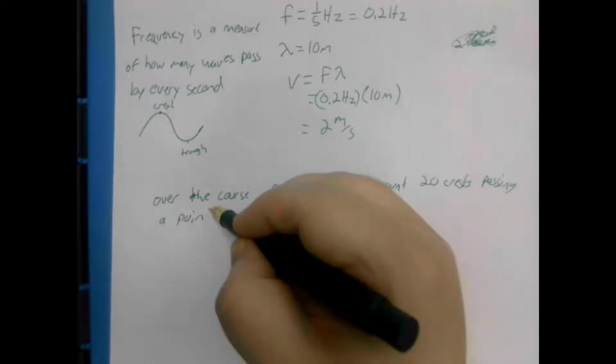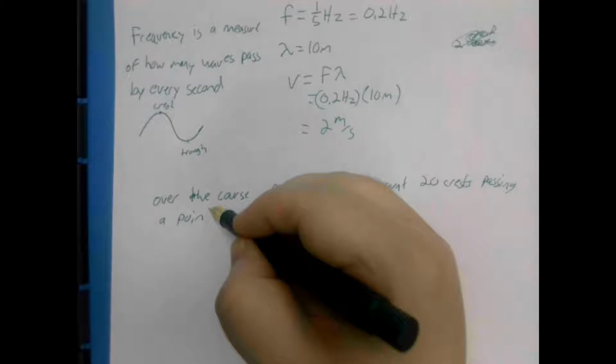So we have 20 crests per 60 seconds. That means the frequency is going to be 20 divided by 60 hertz, or 0.33 repeating hertz. And wavelength can be found by measuring the distance between 2 crests.